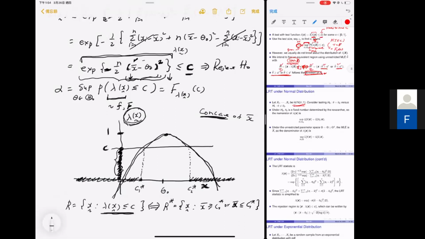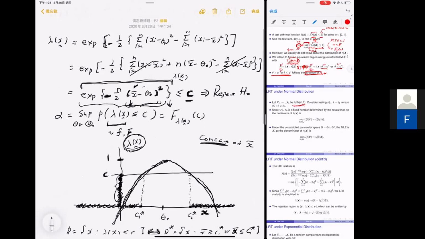Okay, good. I will leave this to you for 5 seconds. Do you guys have any question about the equivalent region? You do need to know how to find it in LRT, otherwise you cannot move forward. Again, lambda x smaller than c maps into this line, and that means x bar bigger than c2 star or x bar smaller than c1 star.